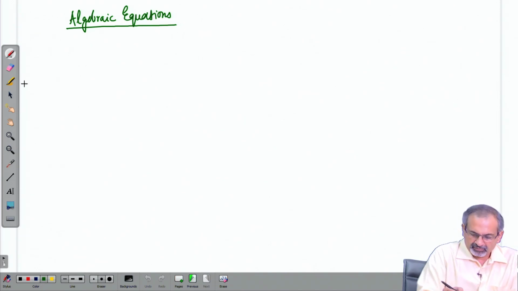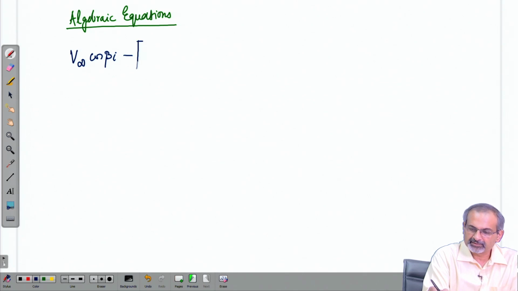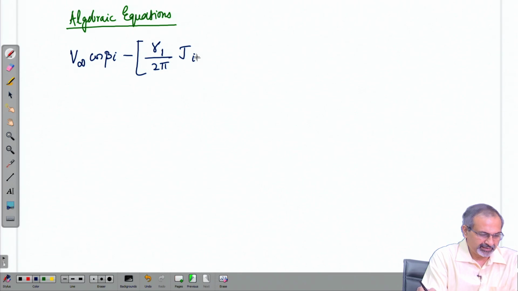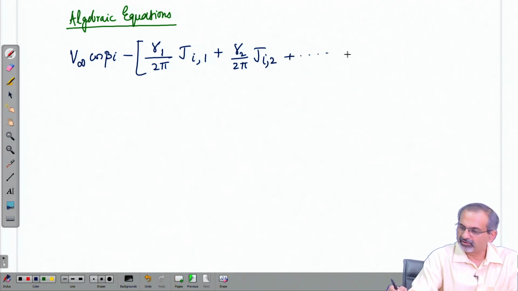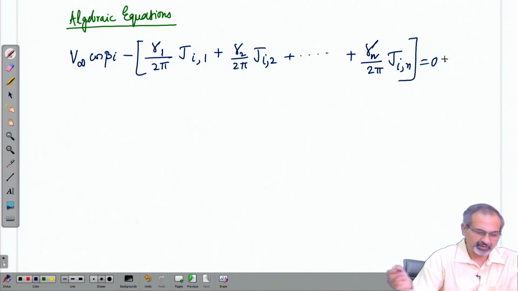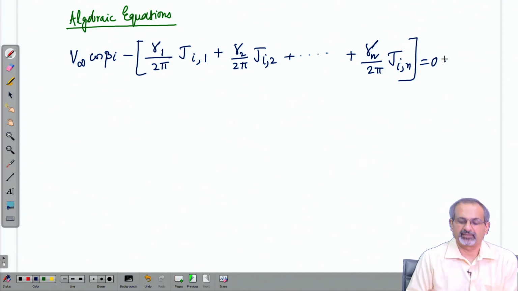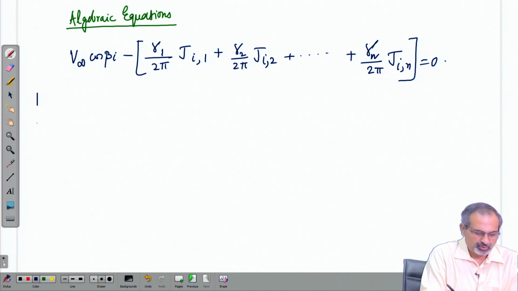So, what do the algebraic forms look like now? V infinity cos beta I minus gamma 1 by 2 pi J I 1 plus gamma 2 by 2 pi J I 2. Likewise, it goes on up to gamma n by 2 pi J I n, right. And then remember that we have to do it for all the panels, starting from panel 1 to panel n.